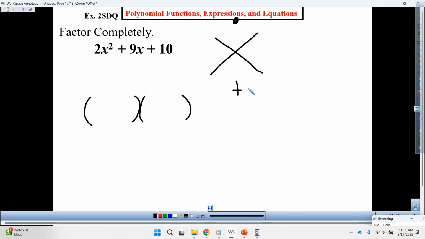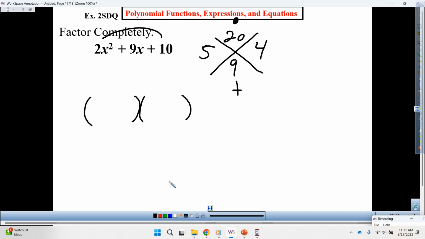All right, pass someone. Gabriel. All right, Sebastian, what do I write? And that goes on top. And then 9 down here. So factors of 20 that add up to 9. 5 and 4. Okay. Pass someone, Sebastian.